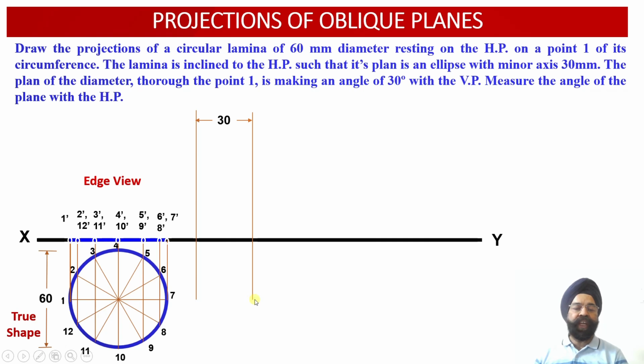So this reduction will correspond to a certain extent of inclination of this edge view with respect to the horizontal plane. And we know that the lesser the angle of inclination, the lesser will be the reduction or foreshortening of this diameter in the apparent length.